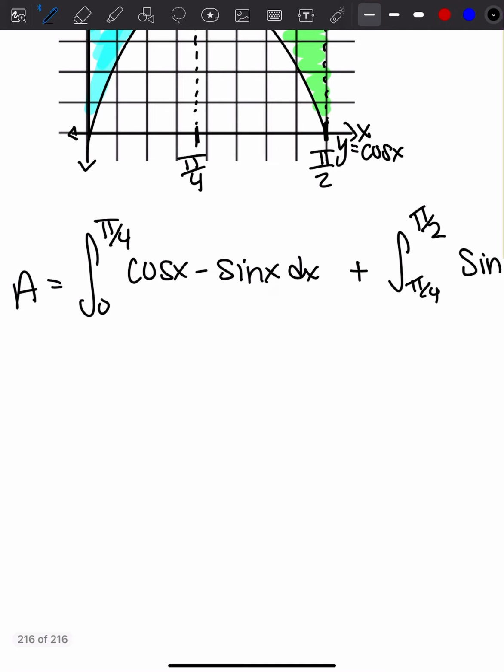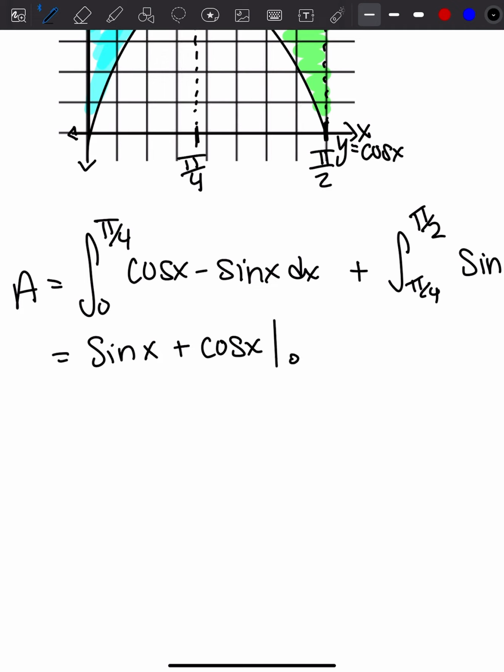So now we integrate both sides. I have the integral of cosine is sine of x, and we are integrating negative sine of x, or minus sine of x. The antiderivative of sine is negative cosine, so either way we're going to get a plus cosine here.